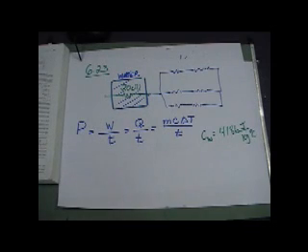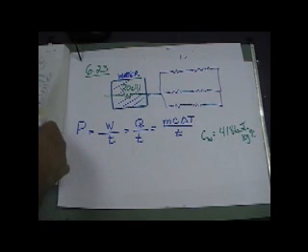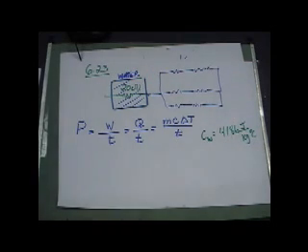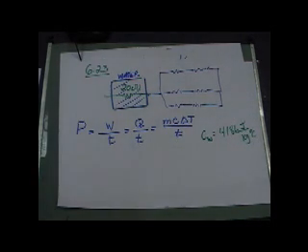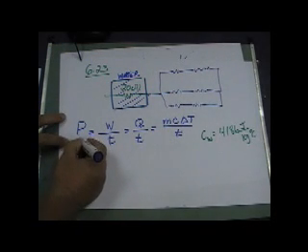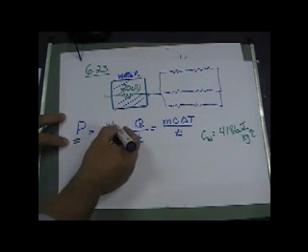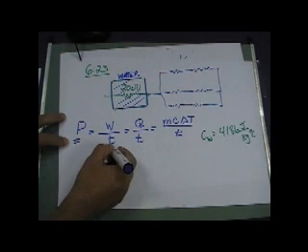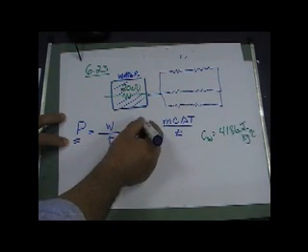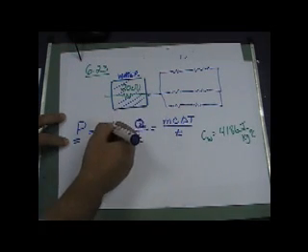Now, what does he want? He wants, if the water is initially at 20, how long will it take the temperature of the water to rise to 58? Okay. Now, what does this mean? He wants the power, which is defined as the work divided by the time, and the work is simply equal to the heat given to the water.